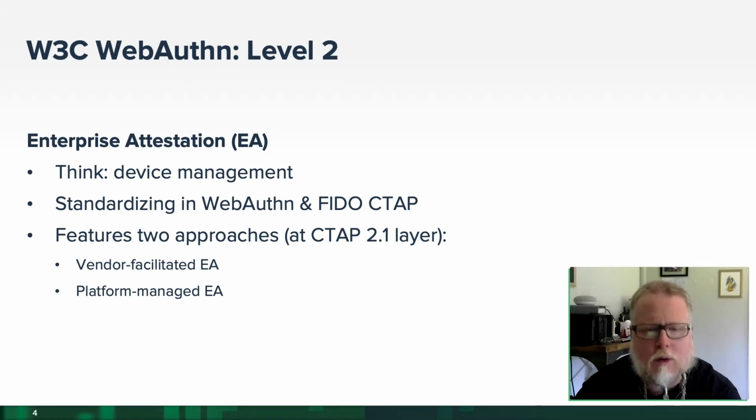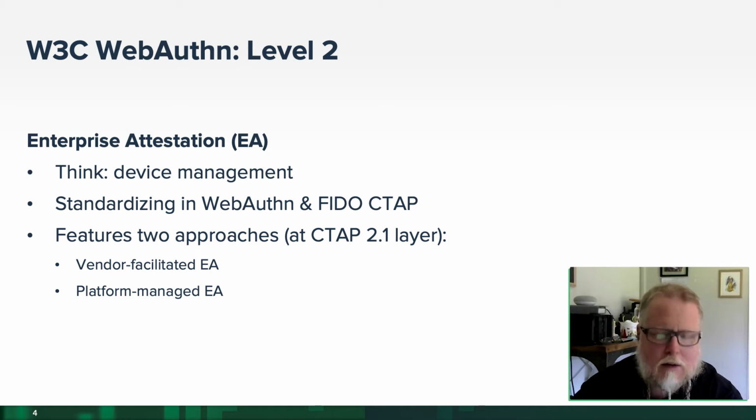So they want to know what the serial number of the device that they've handed out to an individual employee is, and specifically, is that device they're using actually the one I gave to that specific employee, and does it conform to all of my enterprise policies. So we've standardized both a new interface in WebAuthn and two different approaches at the FIDO2 CTAP 2.1 layer.